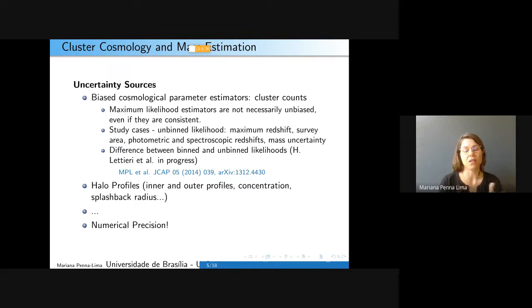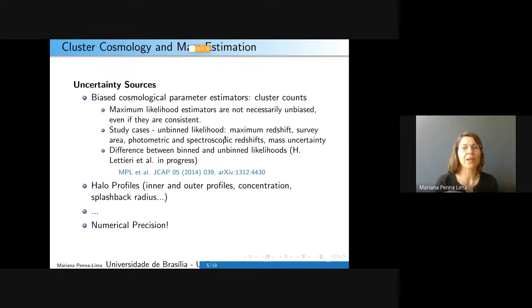This is an example of a likelihood that we use in X-ray and Sunyaev-Zeldovich surveys, let's say, or CMB surveys. So we have that even if you use a maximum likelihood approach, the estimators are not necessarily unbiased, okay, even if they are consistent. So we have a study for the cluster counts likelihood.